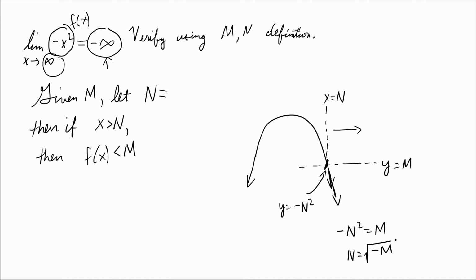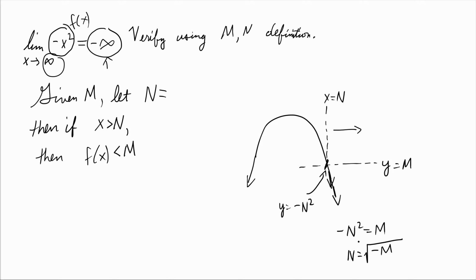Now notice this is good because M is going to be very negative as it goes down, so negative M is going to be positive. So I really am taking the square root of a positive number here. I'm taking the positive square root because I want N to be positive as I'm heading toward infinity.